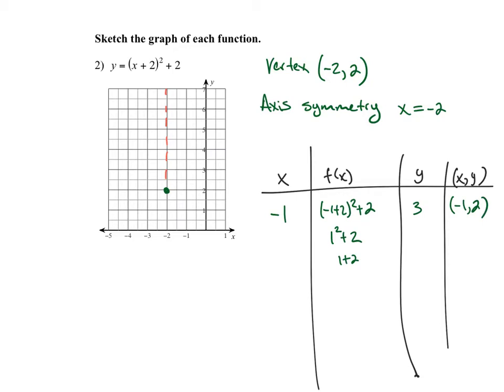I'm going to substitute also 0 because it's the next point. So I'm going to substitute 0. So (0 + 2)² + 2. I have 2 squared, 4, plus 2. This is 6. So (0, 6). And I'm going to mark those points.